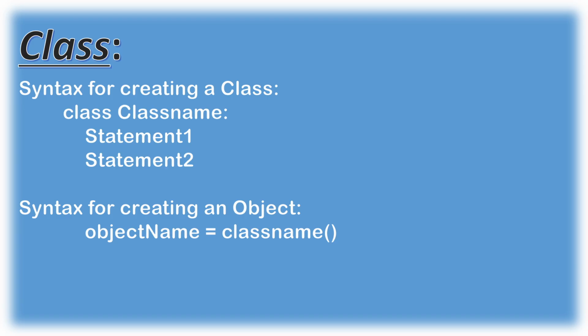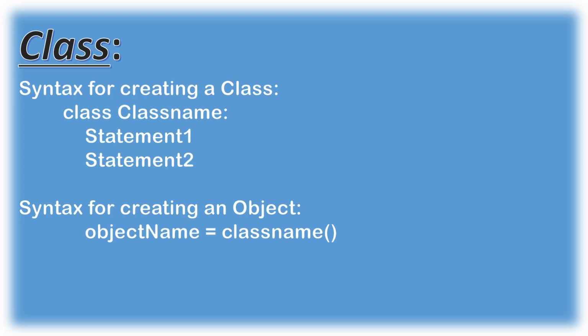Next we have to hit enter. Then a class can have its own logic or statements, and it will take one tab space by default, which is the syntax of creating a class.